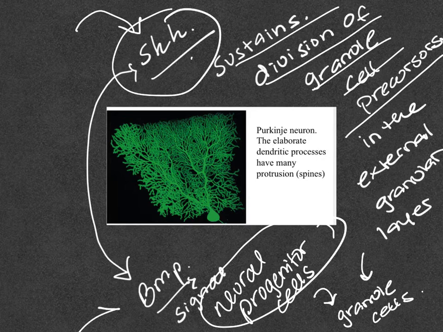Whereas if we had no BMP with Sonic Hedgehog, we would have division of granule cell precursors, which are the neural progenitor cells. But with no BMP, we wouldn't get the granule cells. And without granule cells, we wouldn't get the internal granular layer.